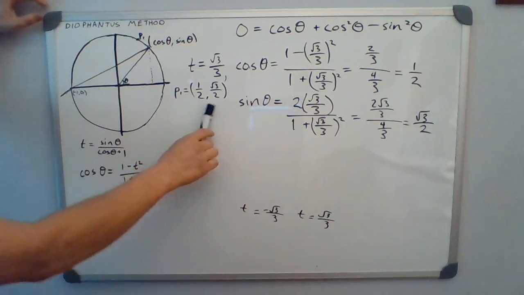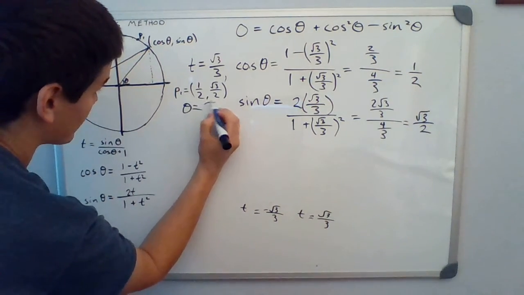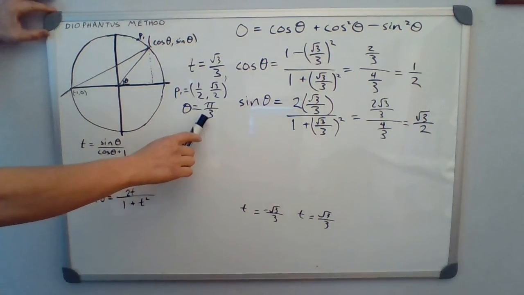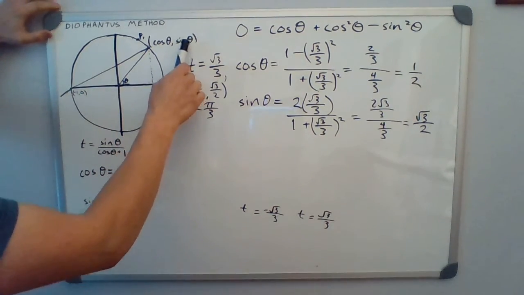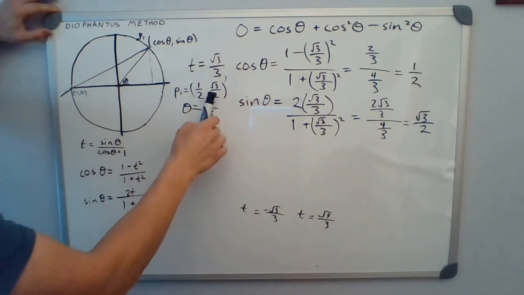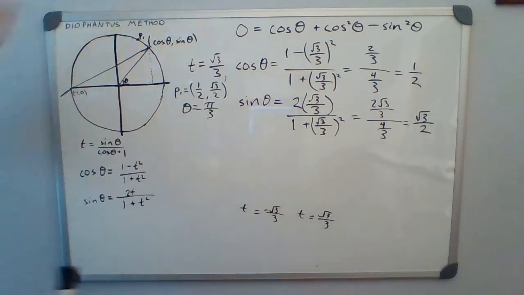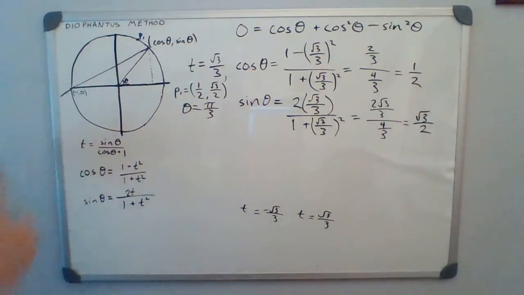And we know that this point actually corresponds to theta equal to pi over 3. In other words, if I plug in pi over 3 to sine of theta, I'm going to get square root of 3 over 2. If I plug in pi over 3 to cosine theta, I'll get 1/2. So this point corresponds to the angle measurement that solves that equation.